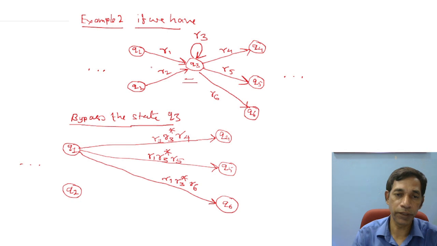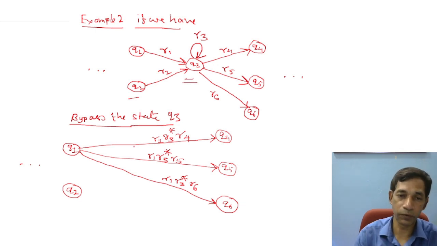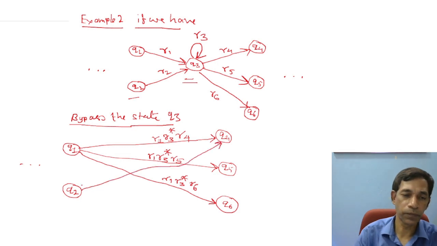Now you can consider the state Q2. From Q2 you are going to Q3, then from Q3 you can also go to Q4. So from Q2 you are going to the state Q4.